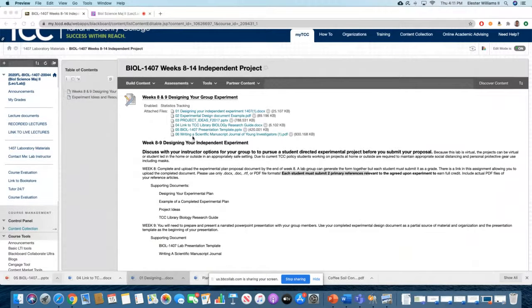And here again, this last link will give you a little bit of information on how to properly write a scientific research paper, but you guys should have a pretty good idea on how to do it since you have or are working on 2 research papers before you actually write this one.